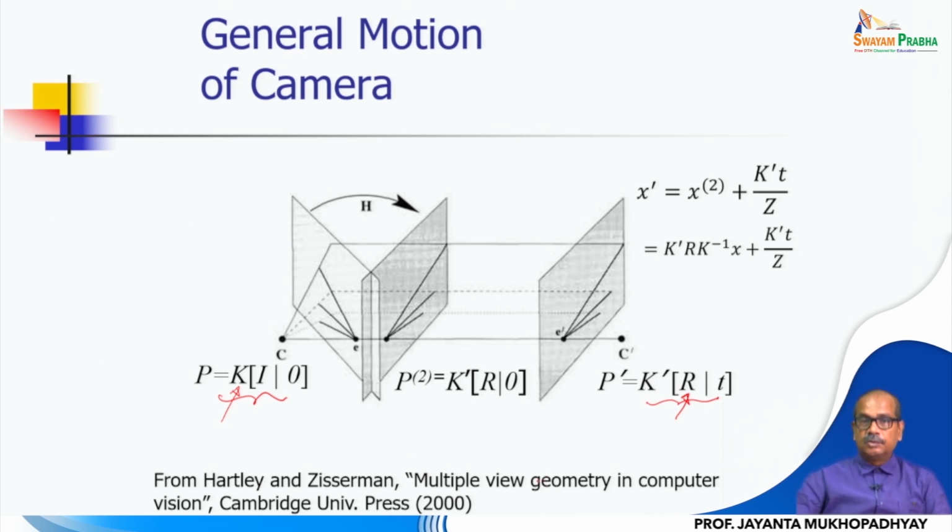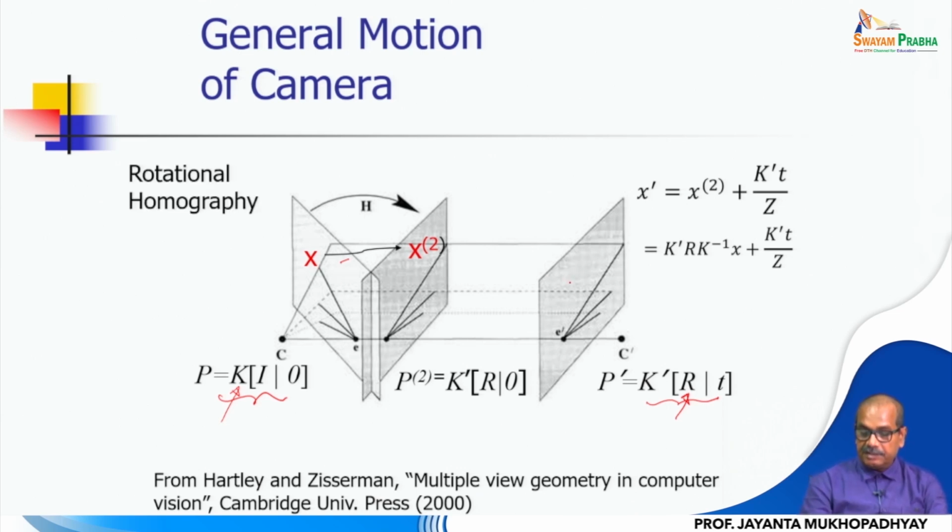So, to apply the previous theory, we can apply a homography between these two scenes. First, say you have an image, and its corresponding image point is here.